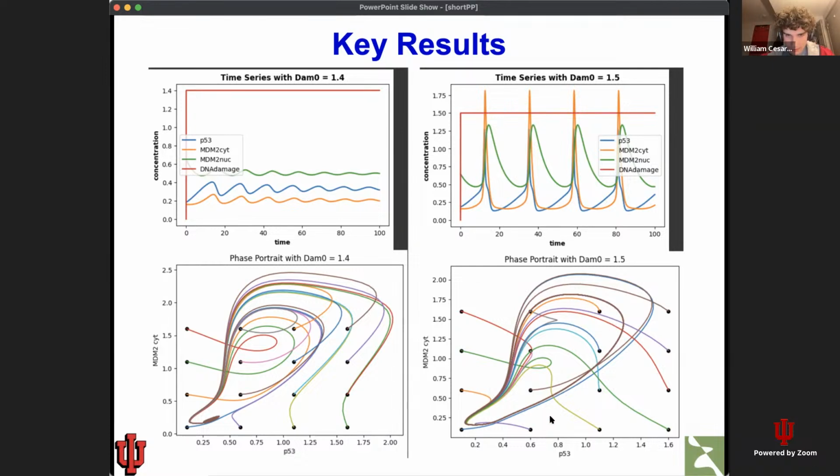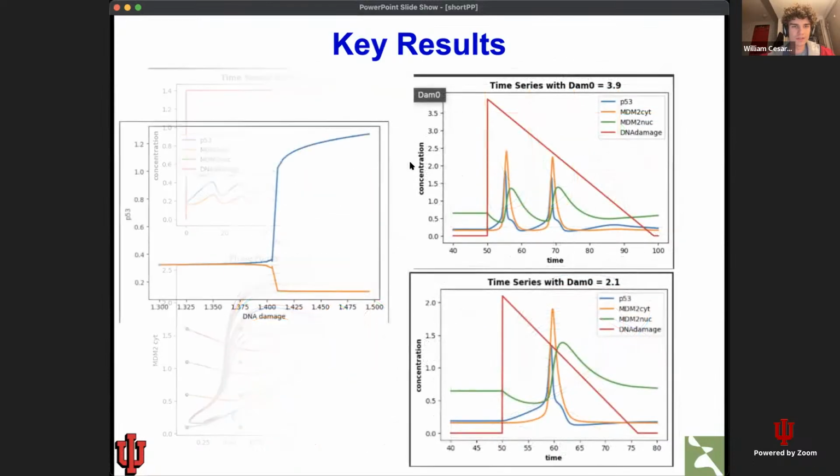Brown is a clear loop going around and around, and a loop in a phase portrait indicates oscillations. So obviously there's something going on between 1.4 and 1.5 with the DNA damage level to make these oscillations happen.